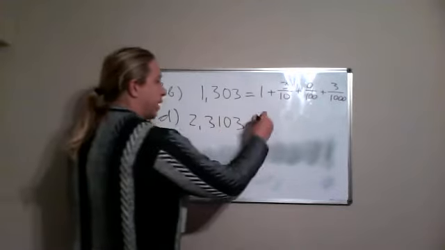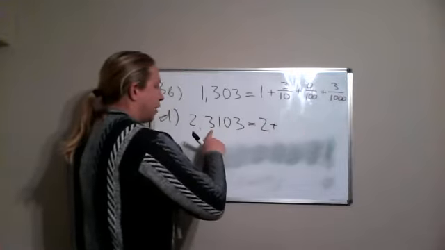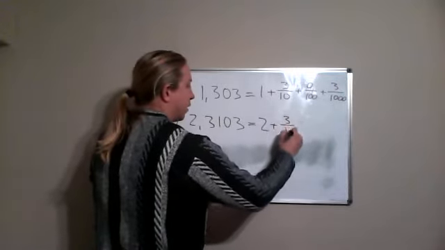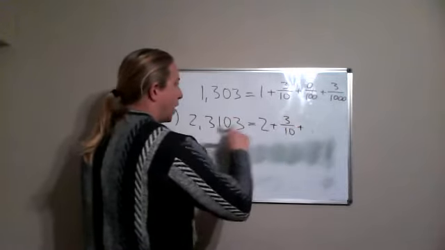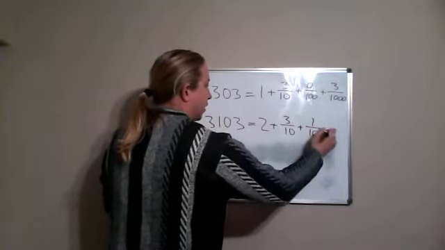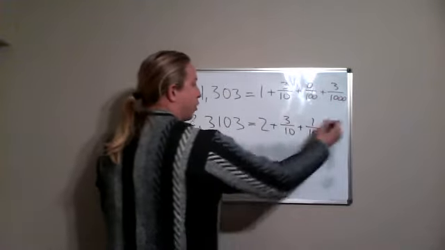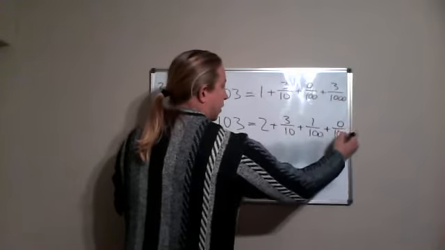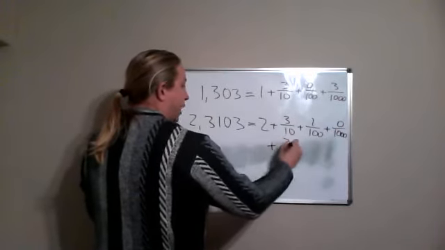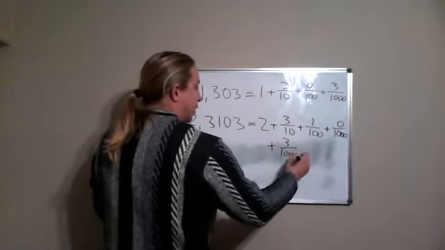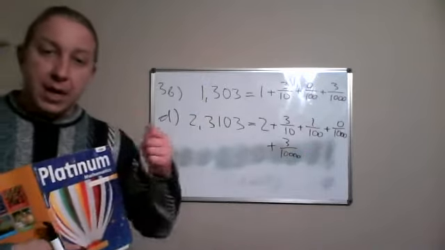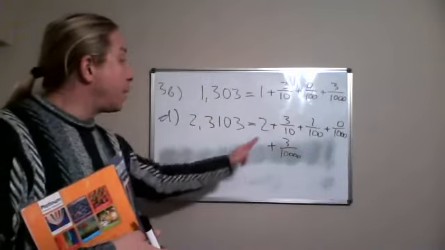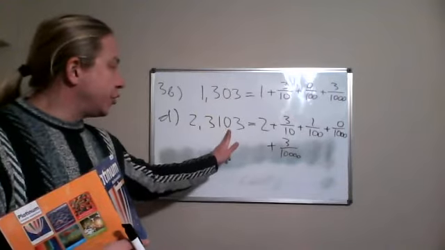So wholes, we have 2 plus 3 tens plus 1 hundredths plus 0 thousandths plus 3 10,000s. Okay, nothing difficult. Just keep adding the 0 in the denominator as you move the digits to the right.